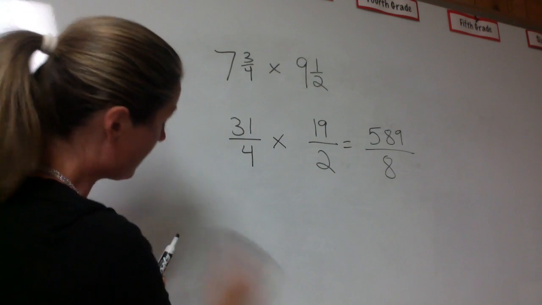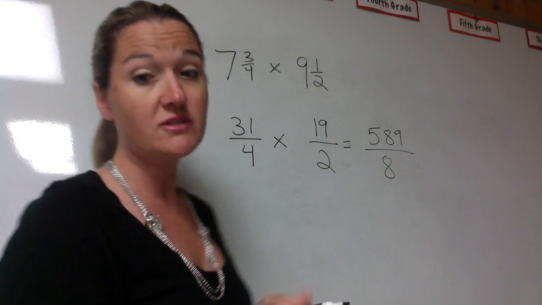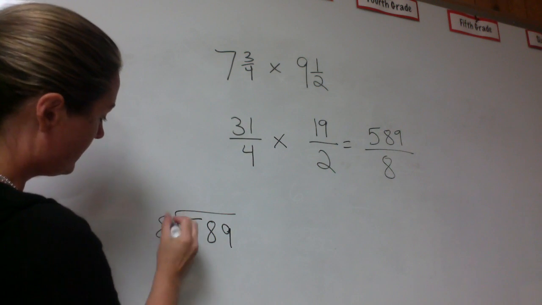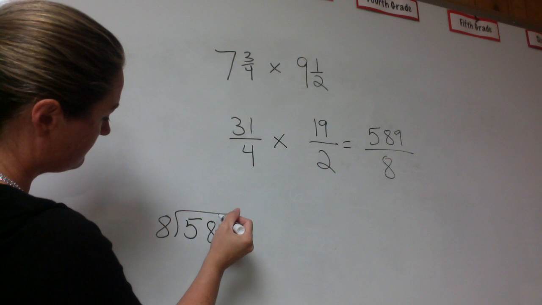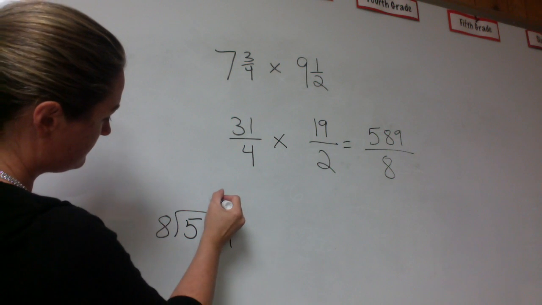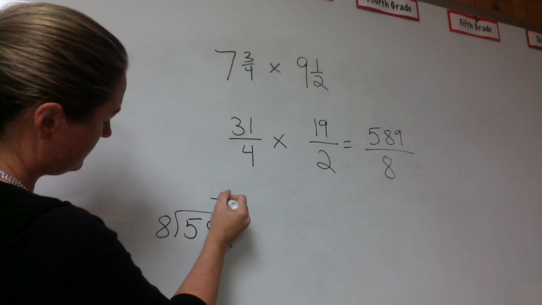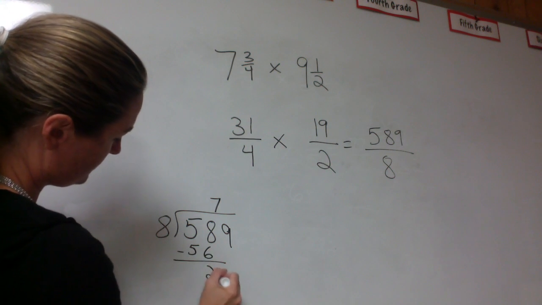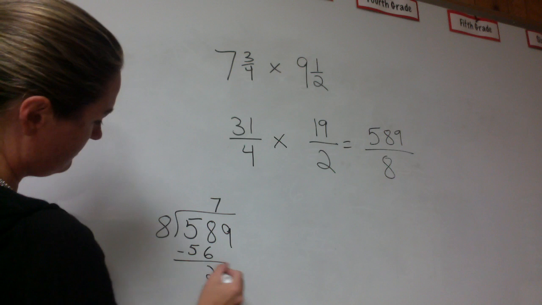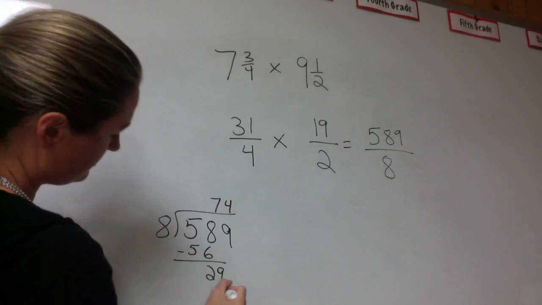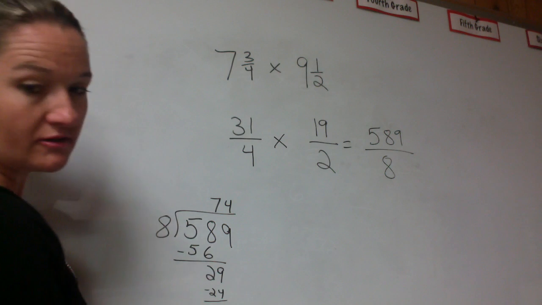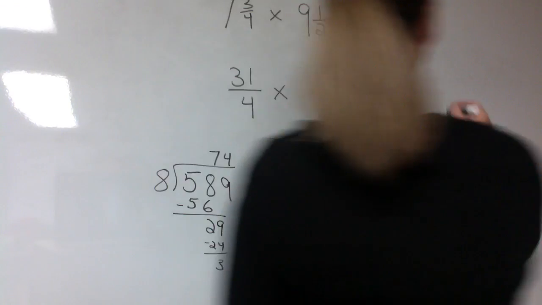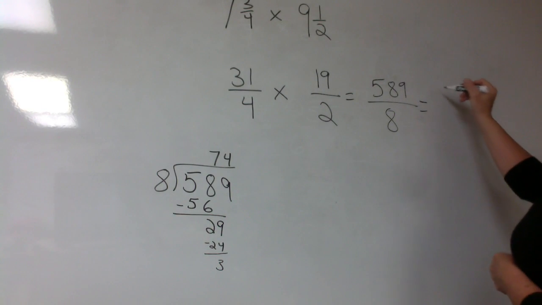And I probably can't figure out off the top of my head how many 8s go into 589, so I'm going to go ahead and have to now divide. 8 goes into 58 7 times. 8 times 7 is 56. 58 minus 56 is 2. Bring down the 9, 29. 8 goes into 29 3 times, that's 24, and then we have that 5 remainder. So now we know we can get 73 wholes.